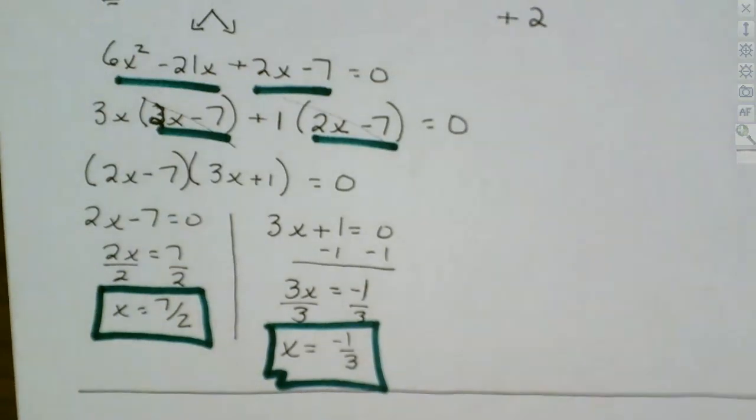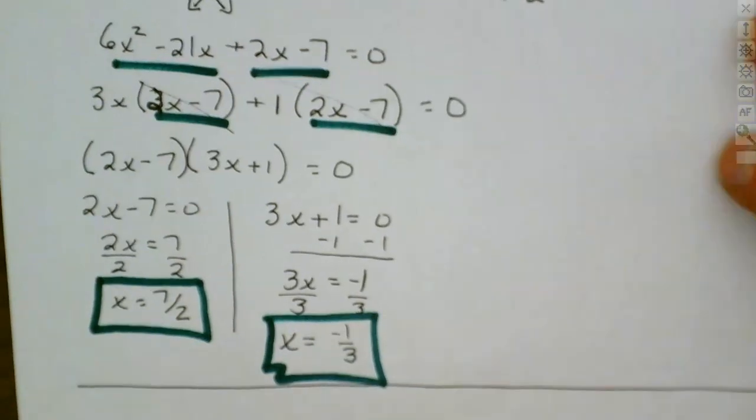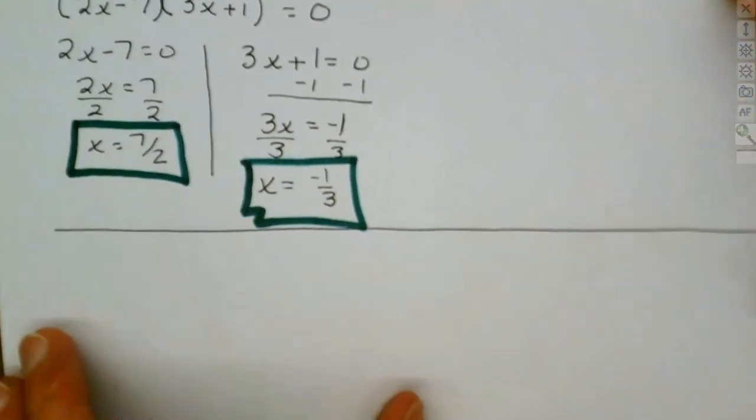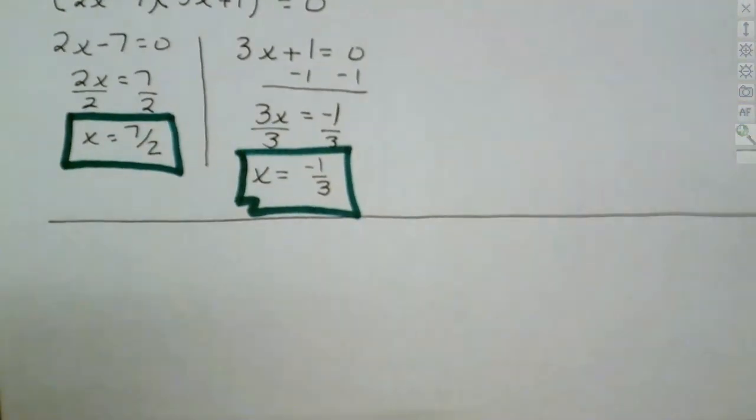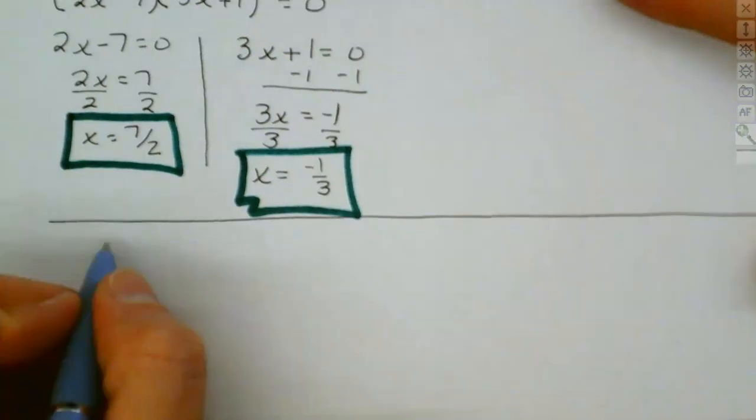Now we're going to talk about square roots and how we handle square root equations. So we'll work through a couple of these. We may not be able to get through all of them today, but we'll be able to get through a lot of 1.6.